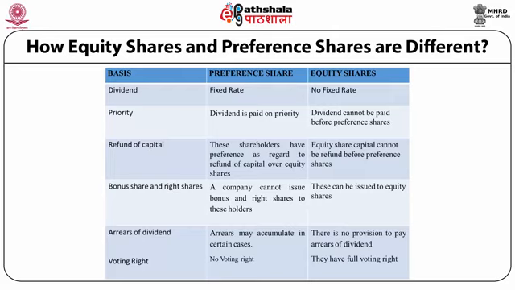In case of preference shares, arrears may accumulate in certain cases, whereas in case of equity shares, there is no provision to pay arrears of dividend. Voting right. Preference shares don't have any voting right, whereas equity shares have full voting right.